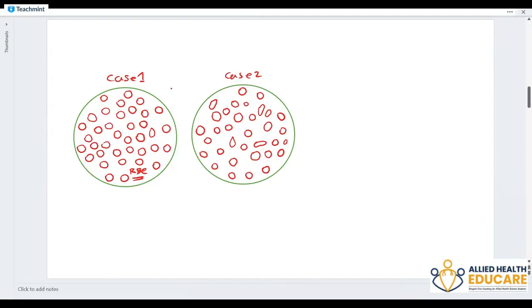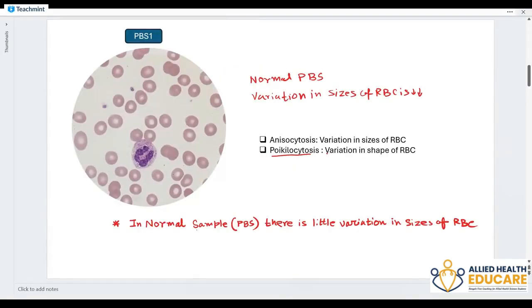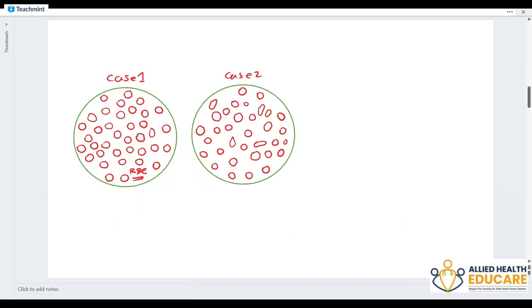Poikilocytosis refers to variation in shape of RBC, not size. If it is size, then it is termed anisocytosis. And if anisocytosis and poikilocytosis coexist, or the two conditions are found simultaneously, then the total condition is called anisopoikilocytosis.